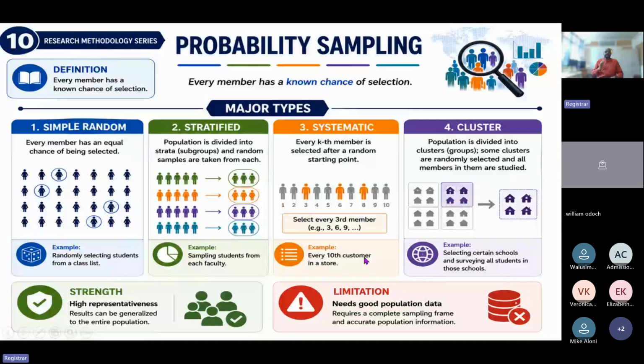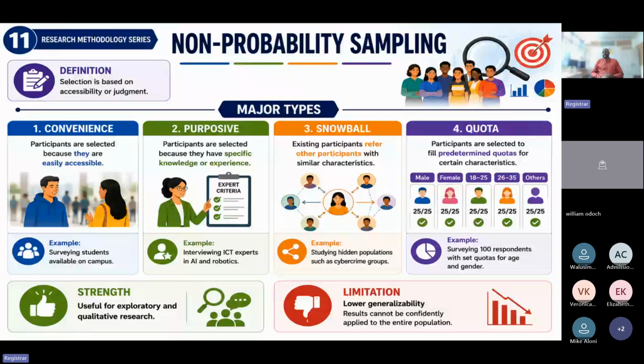Now, what is non-probability sampling? First of all, understand in which case we use non-probability sampling. We use it in exploratory or qualitative studies, or maybe case studies.